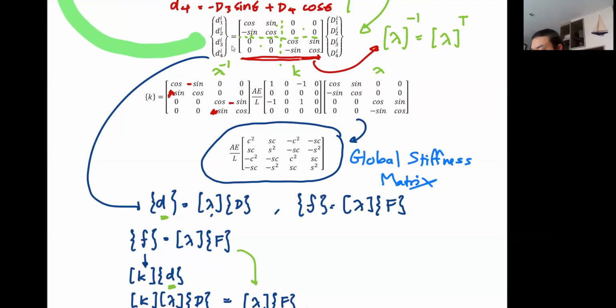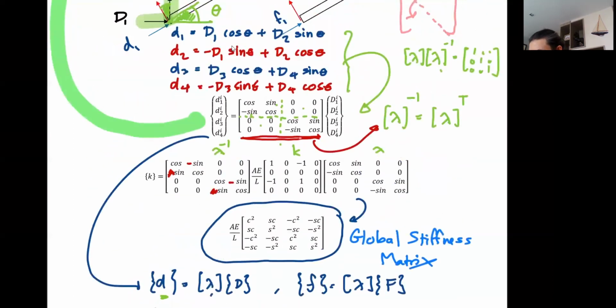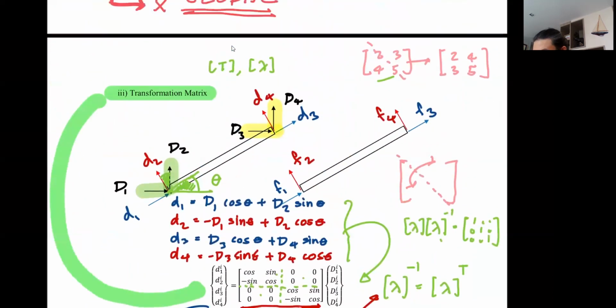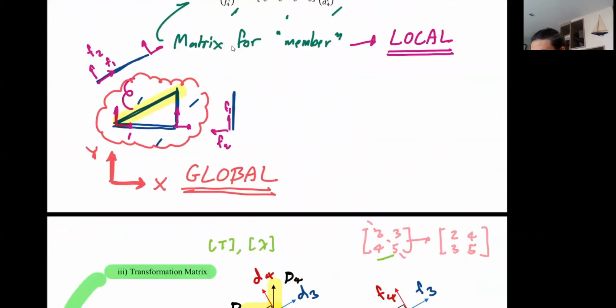So this is the global stiffness matrix. Now you can write the matrix of any member which lies in any direction in terms of the global system by using this matrix that you see. It doesn't matter whether your member is in the typical direction, inclined like this, or perpendicular to the normal XY in the global.